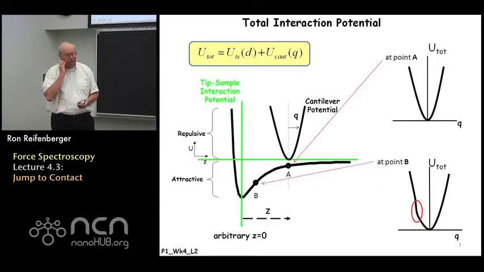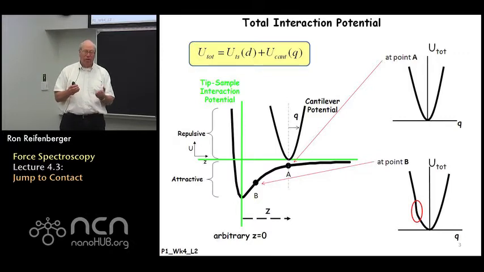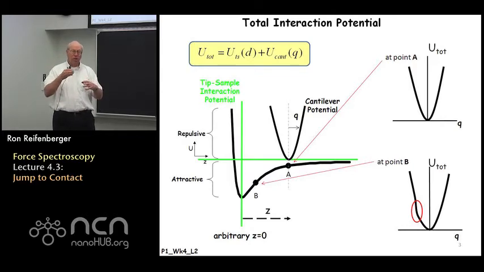Before we proceed, I'd like to talk a little bit about the total interaction potential that the tip experiences when you move a tip close to a substrate. And this total interaction potential has 2 components. One component is the harmonic well that the tip oscillates in.